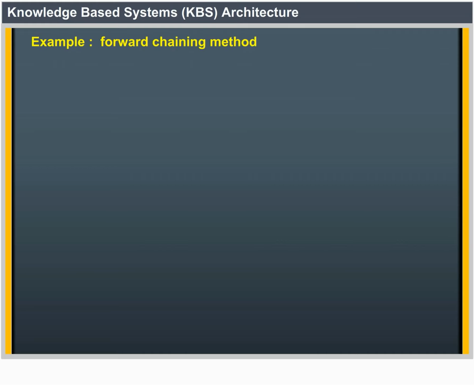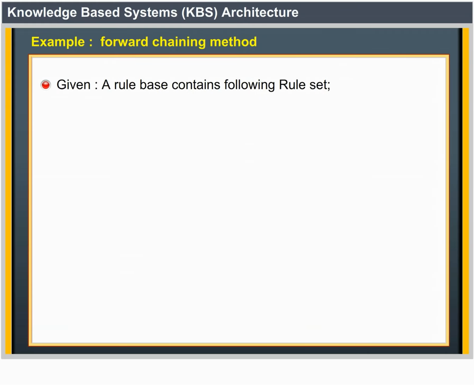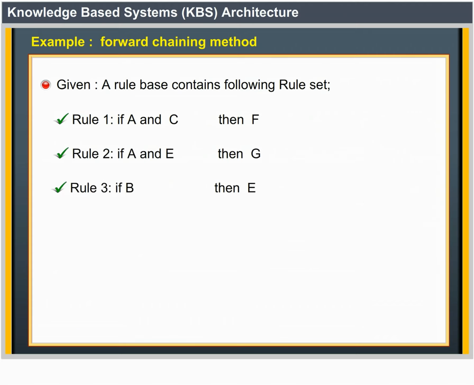Example: forward chaining method. Given a rule base contains the following rule set. Rule 1. If A and C, then F. Rule 2. If A and E, then G. Rule 3. If B, then E. Rule 4.